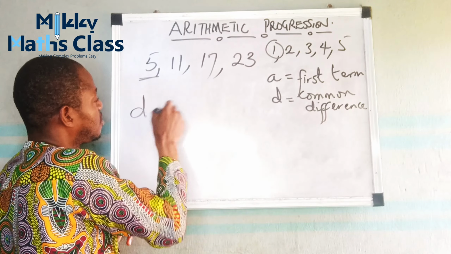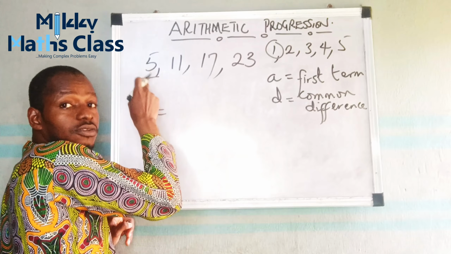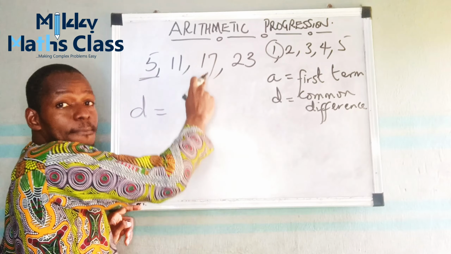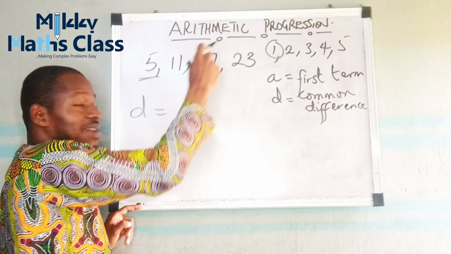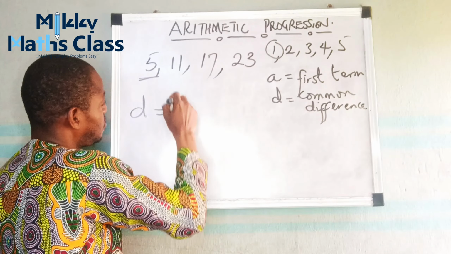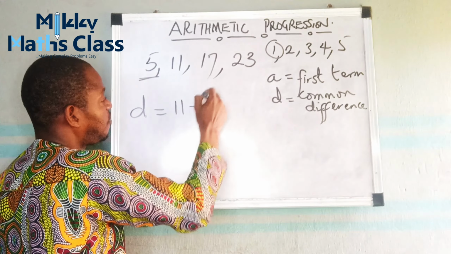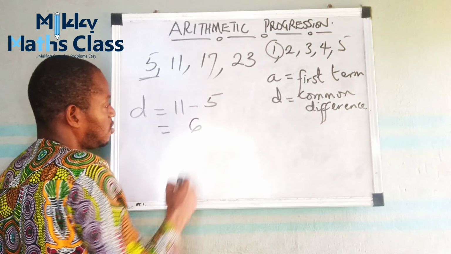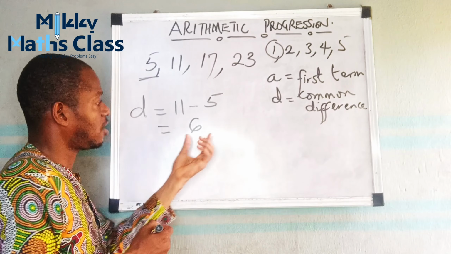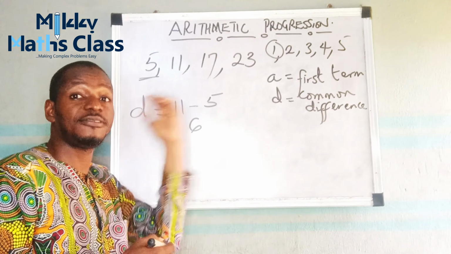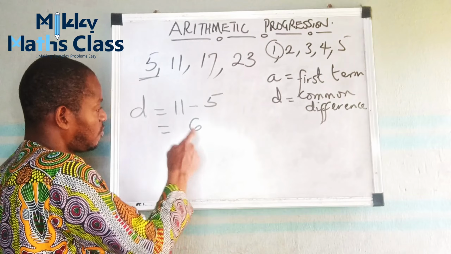Likewise, the third term minus the second, or the fourth minus the third. So this is 11 minus 5, which is 6. That means the common difference here, the constant being added, is 6.